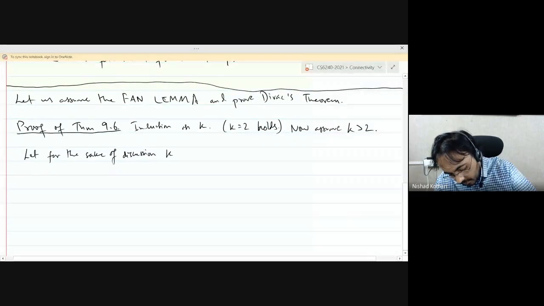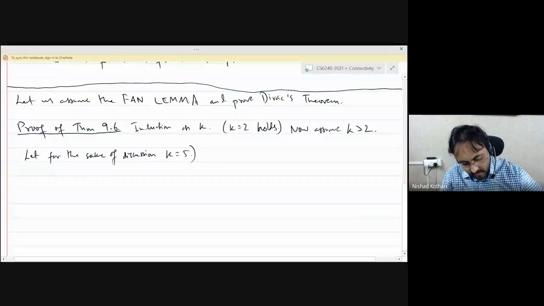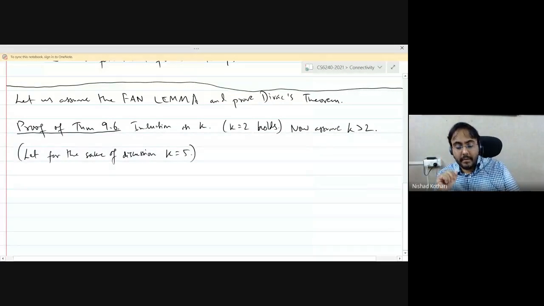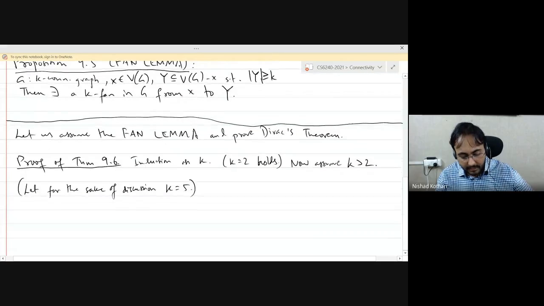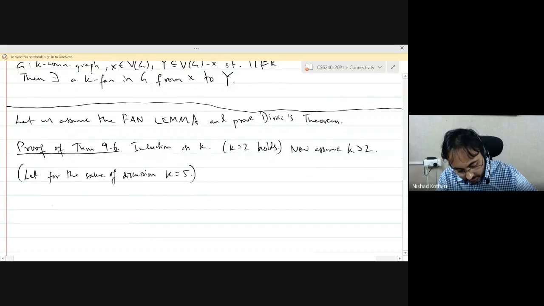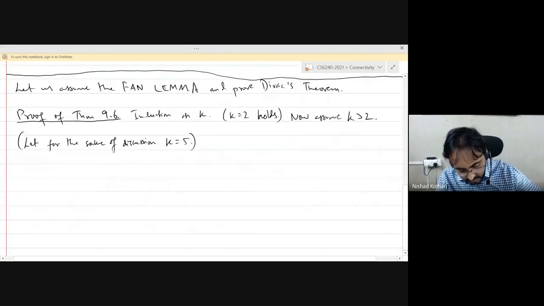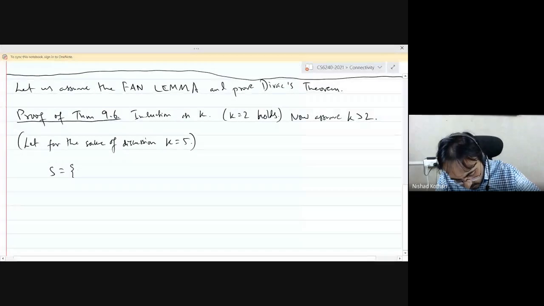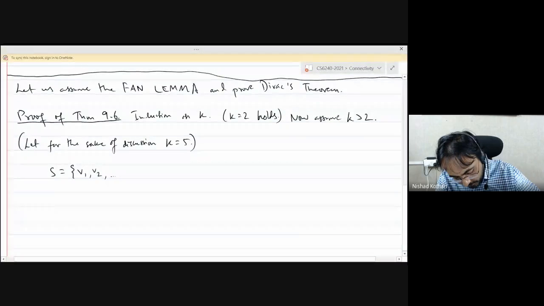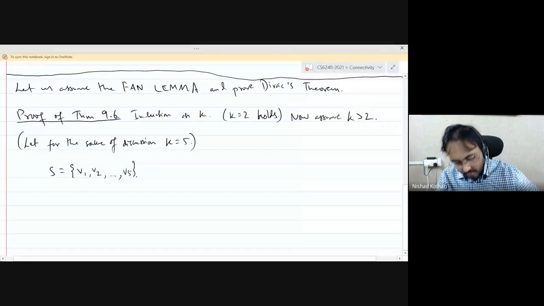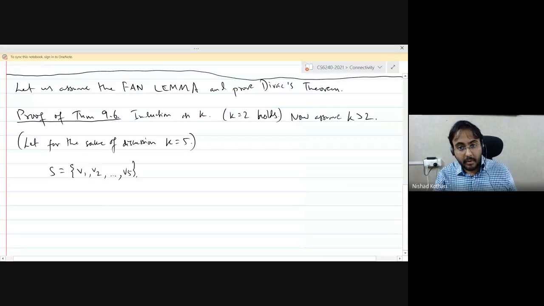So for the sake of discussion, K equal to 5. I have a 5 connected graph and I've got 5 vertices. I want to show that all these 5 vertices belong to a common cycle. So let's say the set S is V1, V2 up to V5. And the statement is true for 4 connected graphs, right?